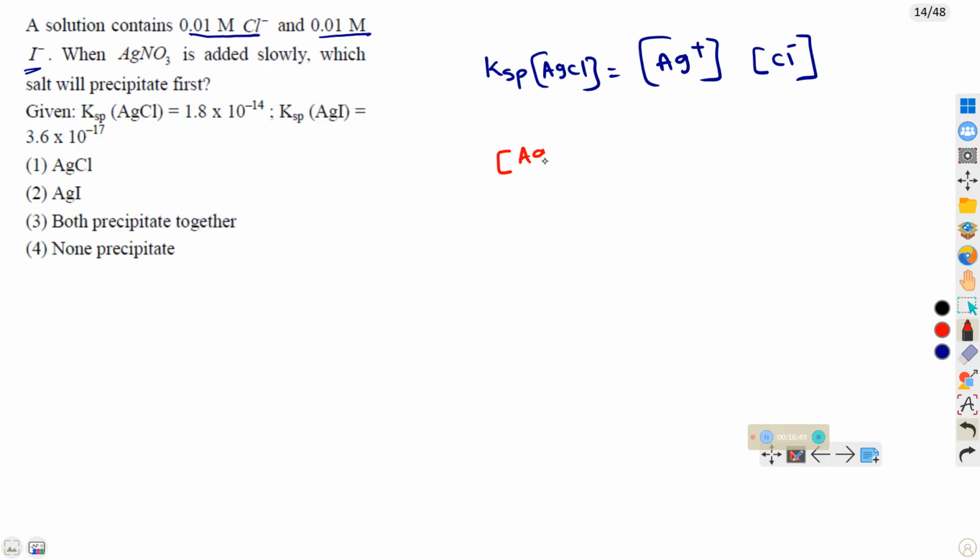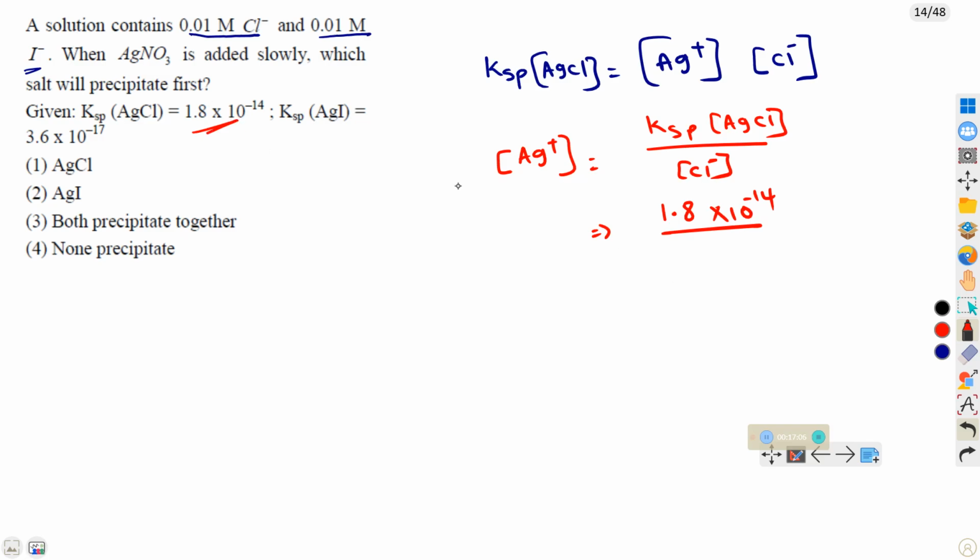Ag plus ion concentration is equal to Ksp of AgCl by Cl minus ion concentration. Ksp of AgCl is 1.8 into 10 power minus 14, given. Cl minus ion concentration is 0.01, which is 10 power minus 2. Simplify, then you will get 1.8 into 10 power minus 12.